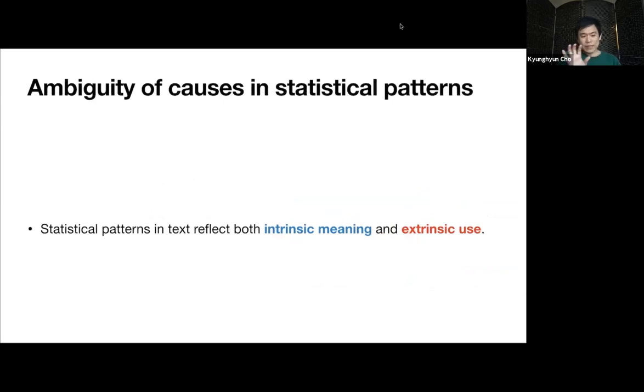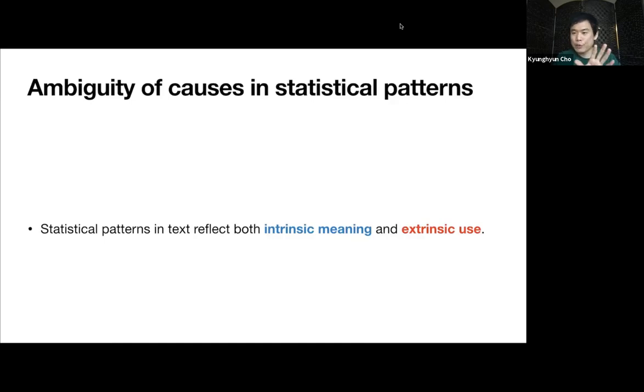In other words, the statistical patterns that we observe in text reflect not only the true or intrinsic meaning of individual words or individual units or the composed, let's say, phrases, but also how those units are used in reality. That is the extrinsic use.